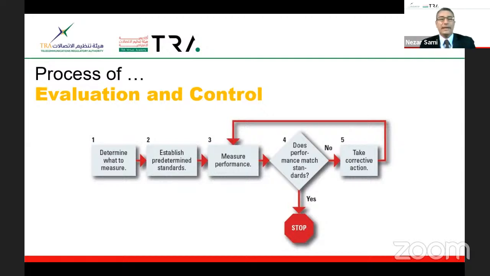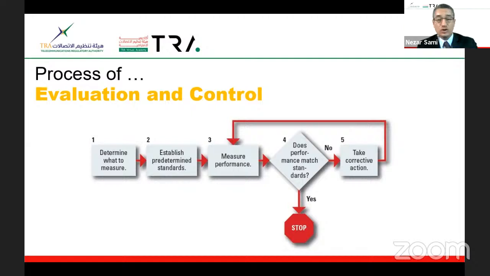Now we agreed upon what we need to measure, and then we need to agree upon the norm or the standard. For instance, if I have a call center in my startup to receive calls from clients, the average time to respond to the call is 12 minutes.